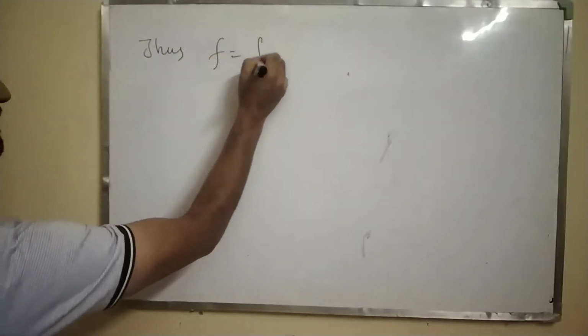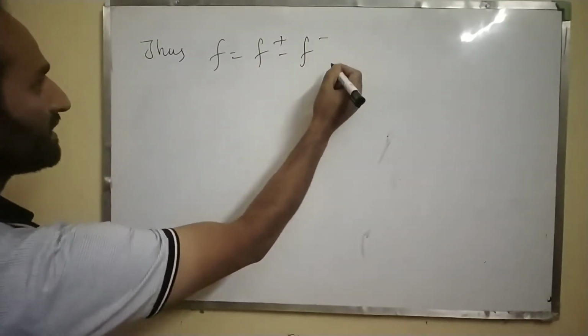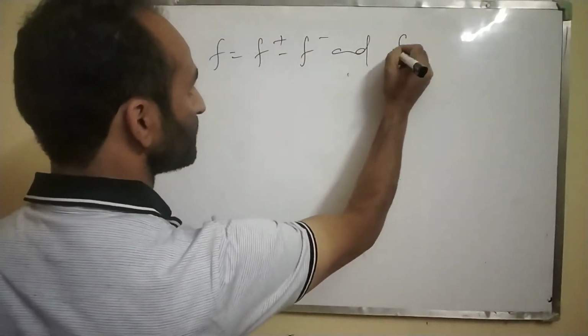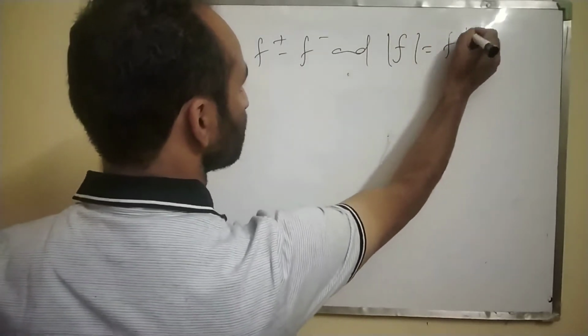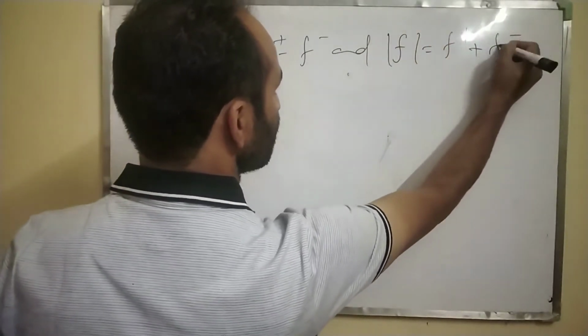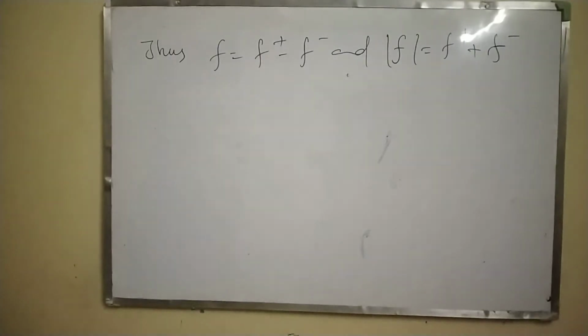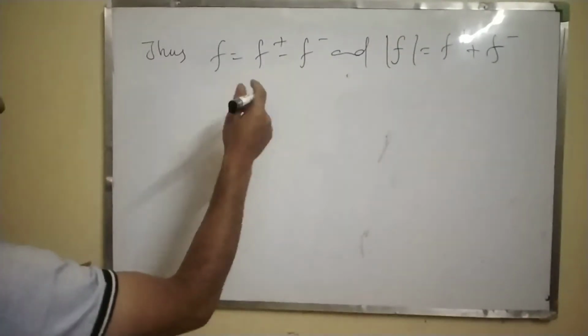So thus f is equal to f plus minus f minus, and mod of f is equal to f plus f minus. So let's add these two functions.